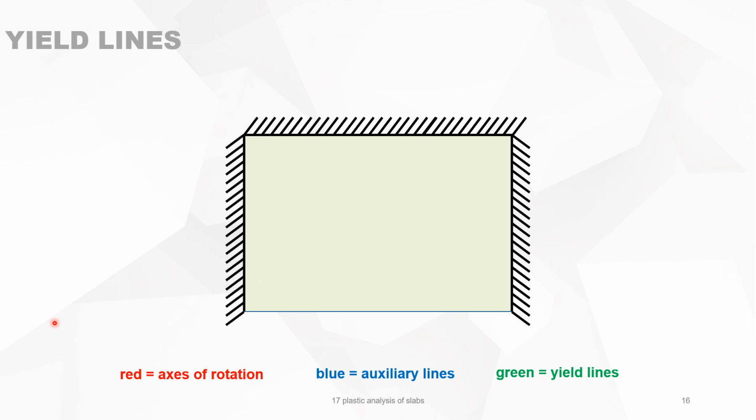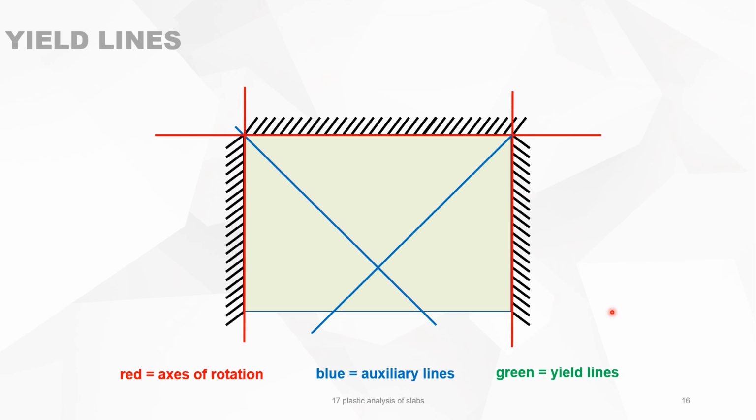Another example, for instance, you have a kind of a balcony, which is a slab on three sides. It is hinged, and the other side it's free. It's a free edge. We draw the axis of rotation. We draw the auxiliary lines, and then we start drawing the yield lines.